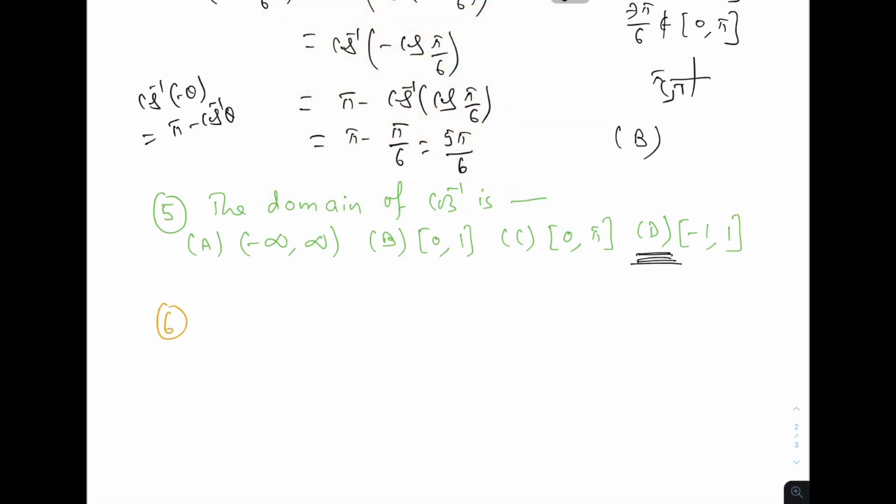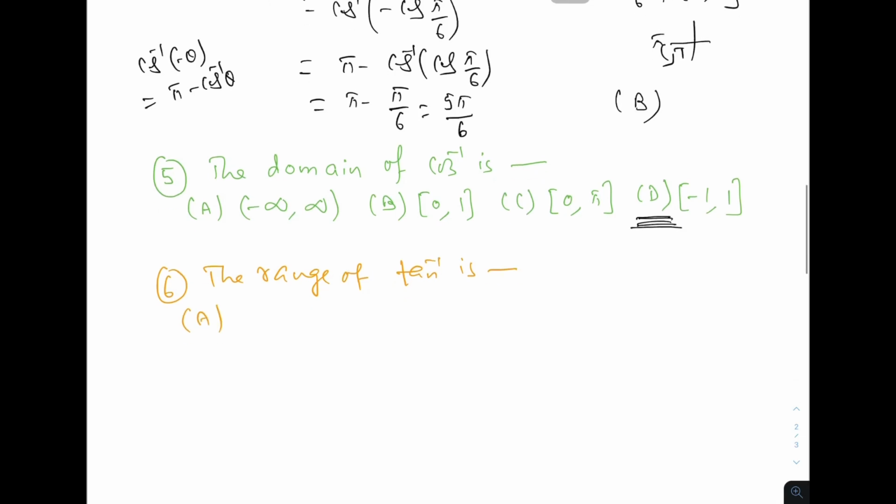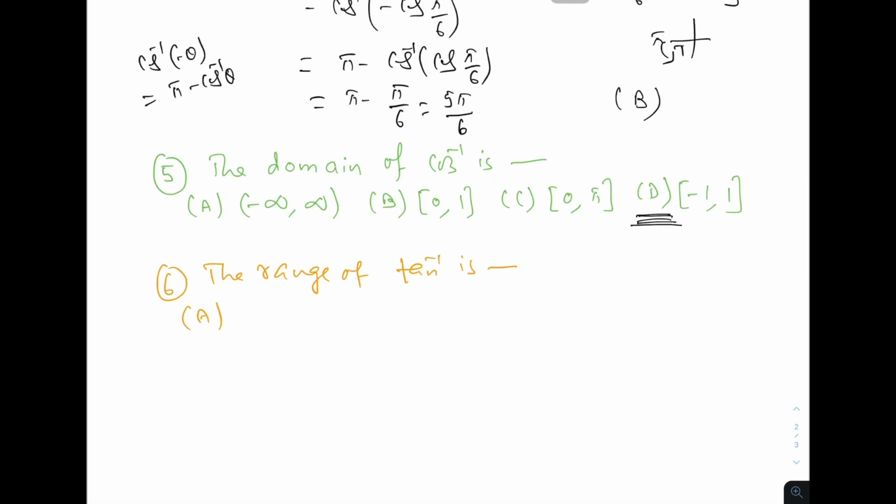Okay, let us take this one. The range of tan inverse is blank. Options are open interval minus pi to pi, then R, the set of all real numbers, open interval 0 to pi, and open interval minus pi by 2 to pi by 2.